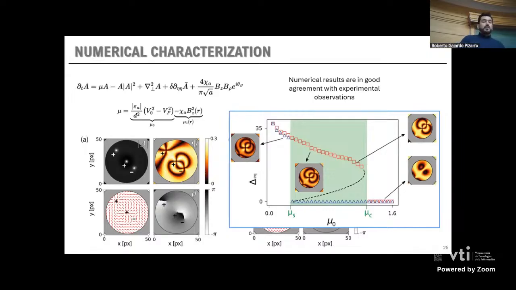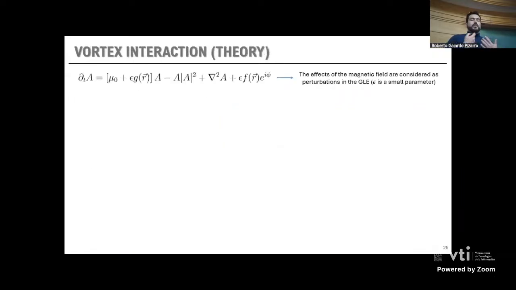So now that we understand that this equation has the transition, we want to understand if we can have an equation for the dynamical behavior of the separation distance between these two vortexes. So we use the topological force Gibbs-Landau equation, but using as perturbations the effects of the magnetic ring in the equation.